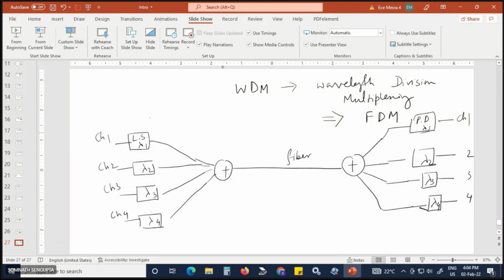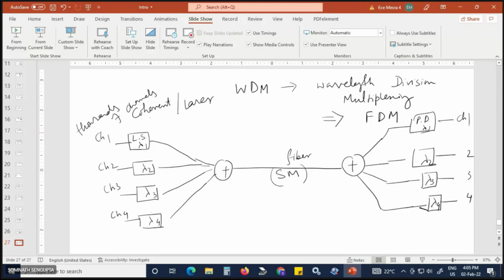So this should be a coherent light source, that means a laser source, and this should be single mode fiber. Generally one channel is capable of transmitting thousands of channels.